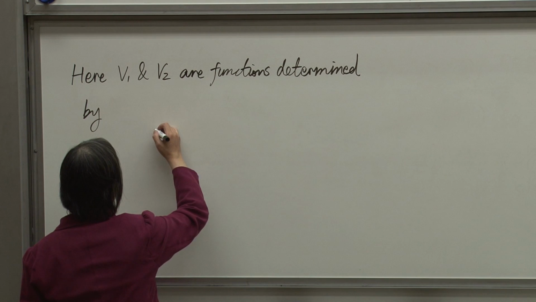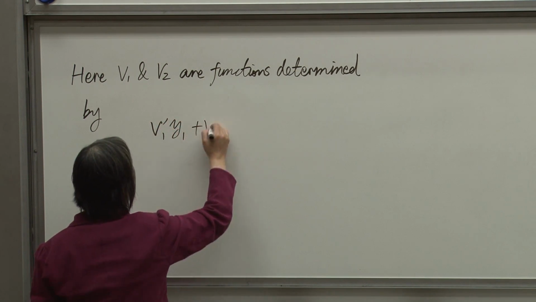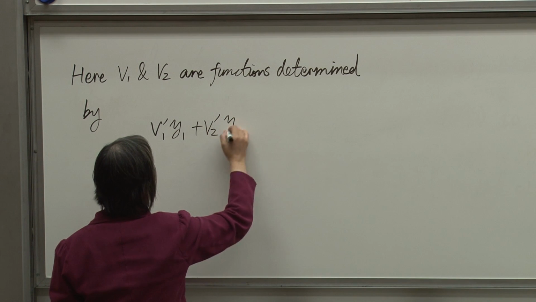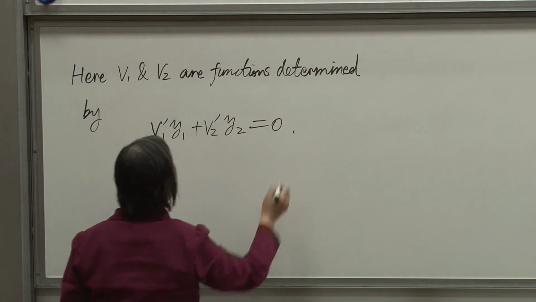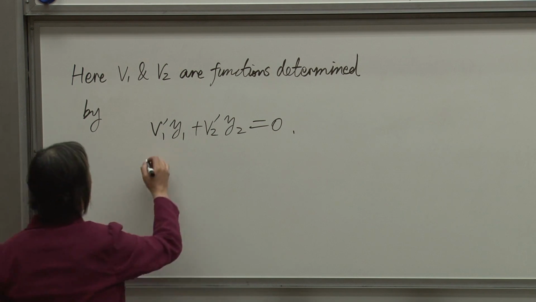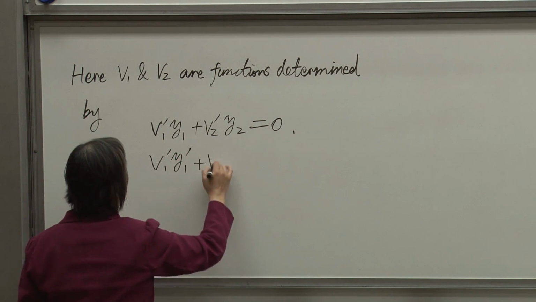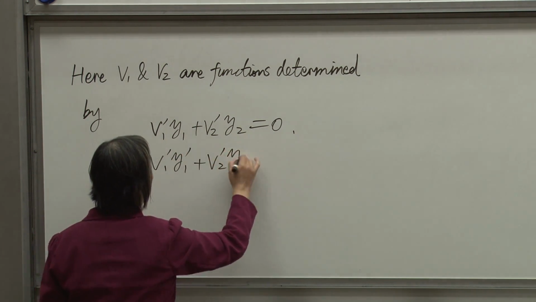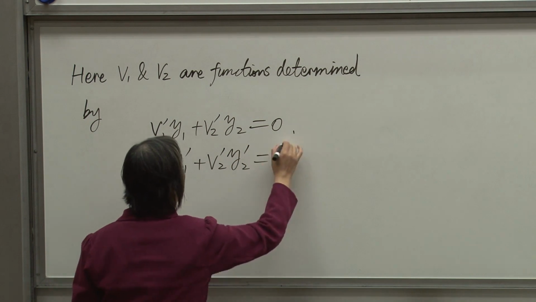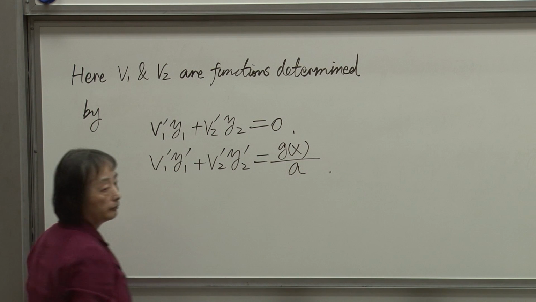First equation is v1 prime times y1 plus v2 prime times y2 equal to 0. Do we remember this? Second one is v1 prime times y1 prime plus v2 prime times y2 prime equal to g of x over a.